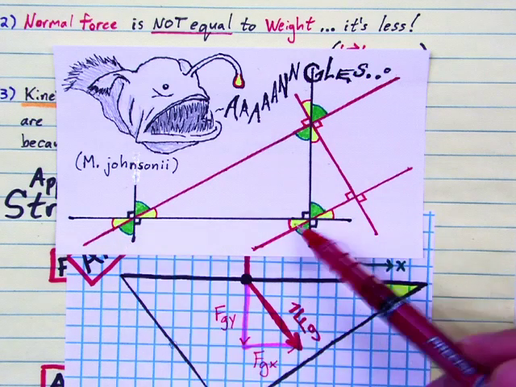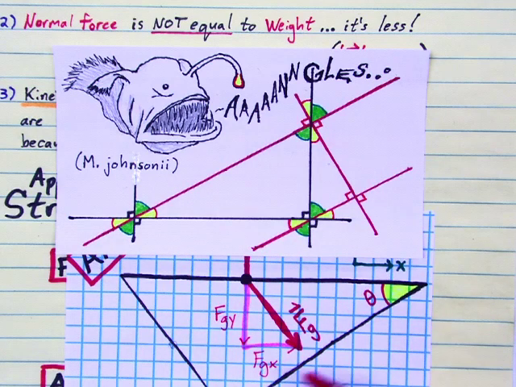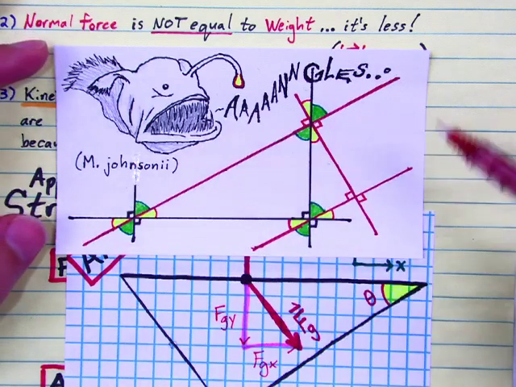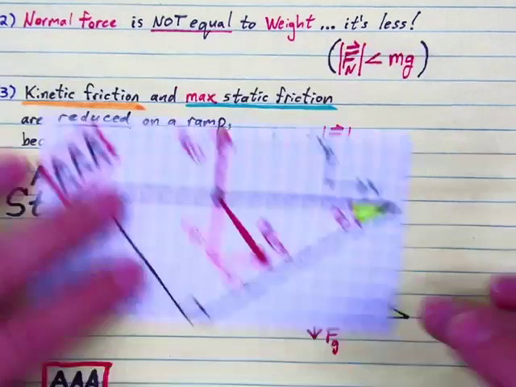Looking at which angles are congruent in this picture can help us interpret our free body diagram right here. So whenever you're working with an inclined plane, it's useful to refer back to this image to work out which angles are congruent to which. Let's work through that now.